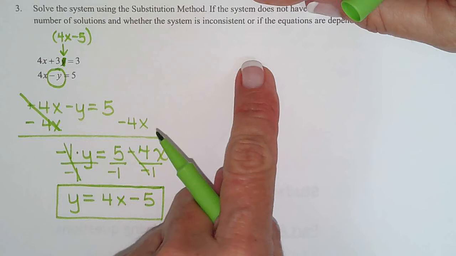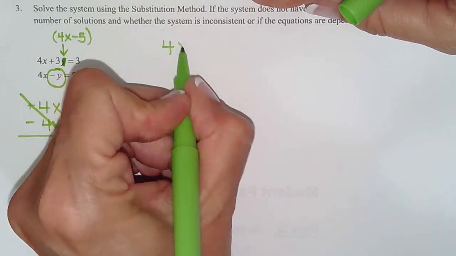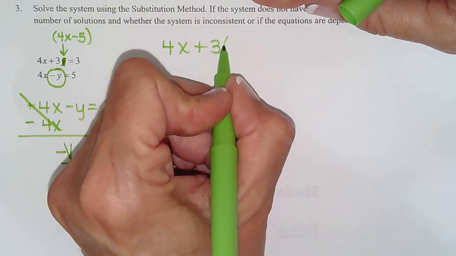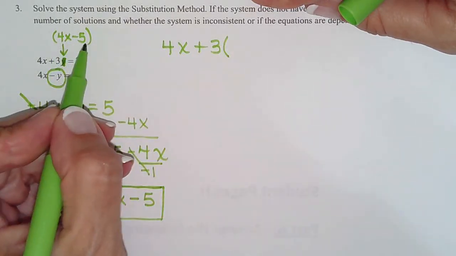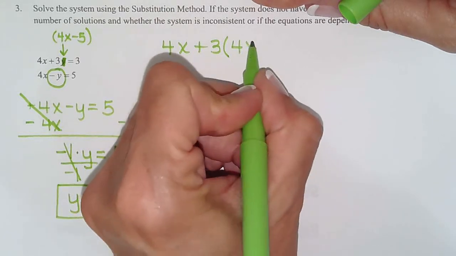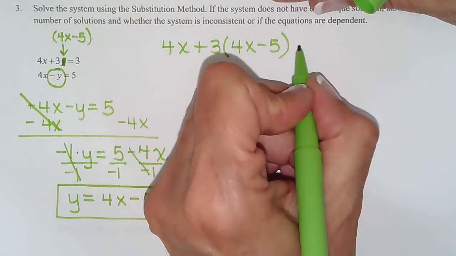Write your new equation out and solve. So we have 4x plus 3 times the quantity 4x minus 5, because that's what y is equal to, equals 3.